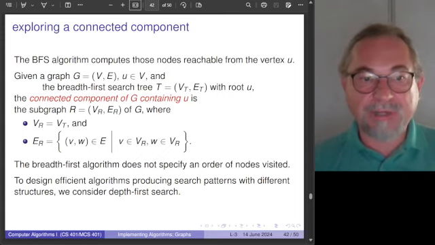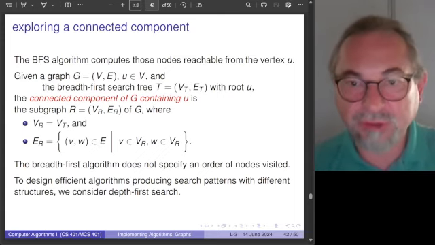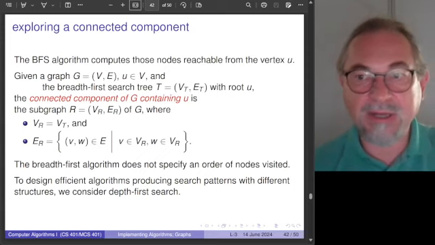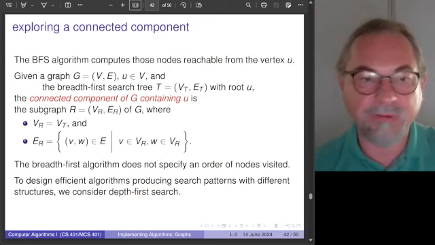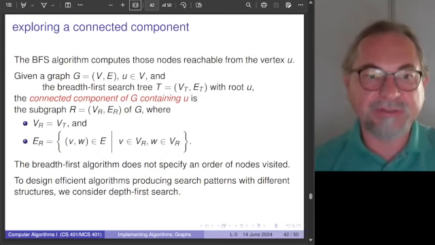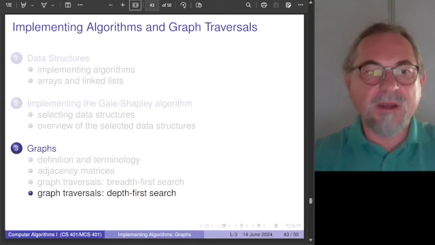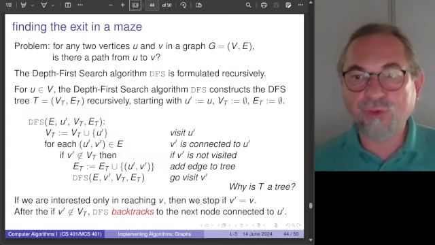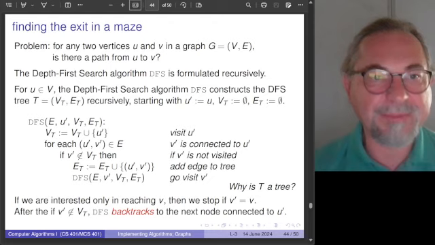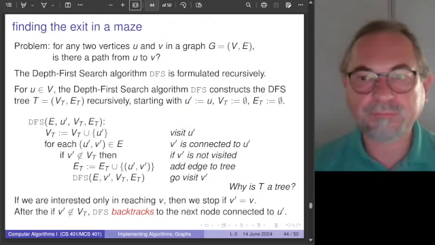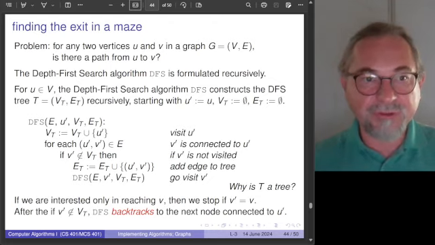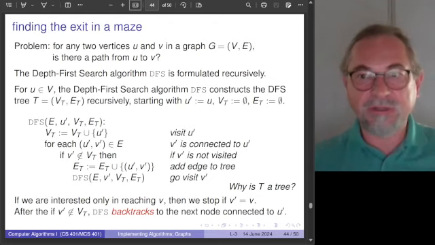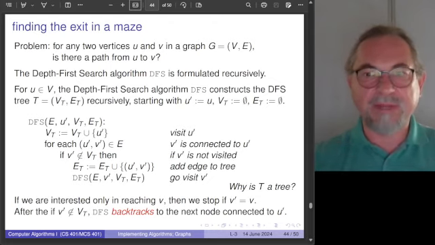Okay, so breadth first search is one search pattern, and in some cases this might be what you need, but in other situations it might not be, and that's why we introduce the depth first search. The problem in which the depth first search is most applied is the problem of finding the exit in a maze.